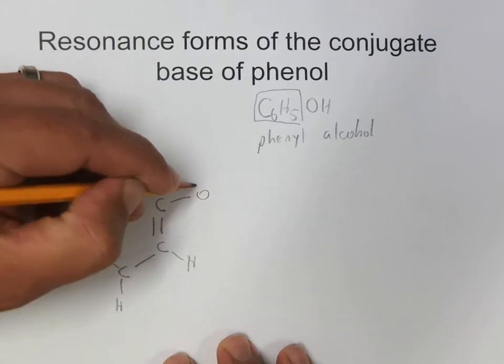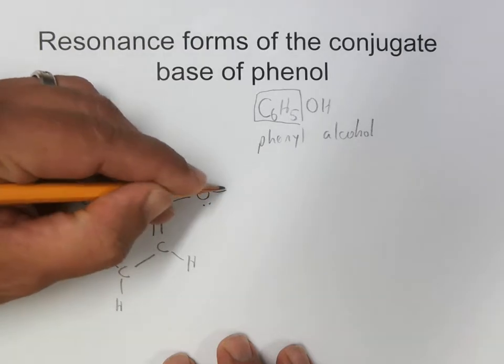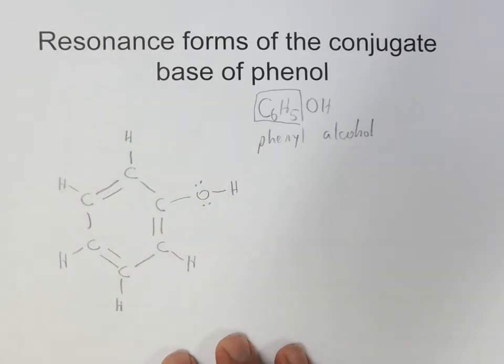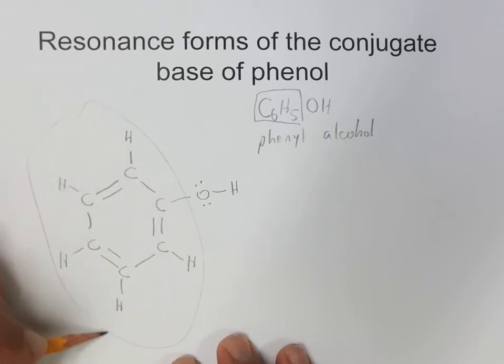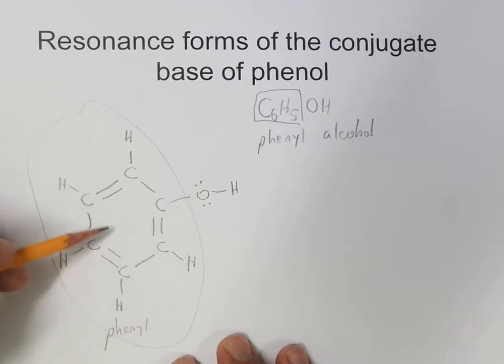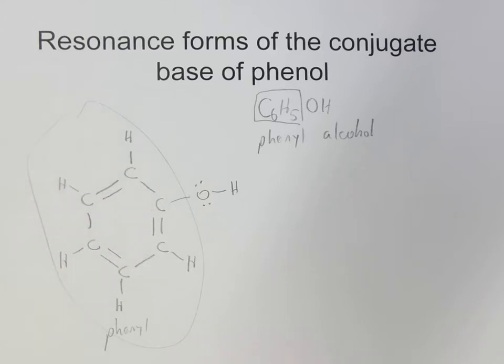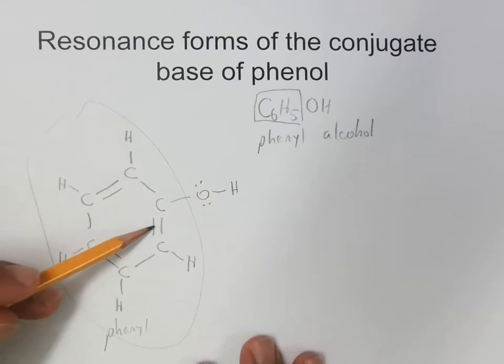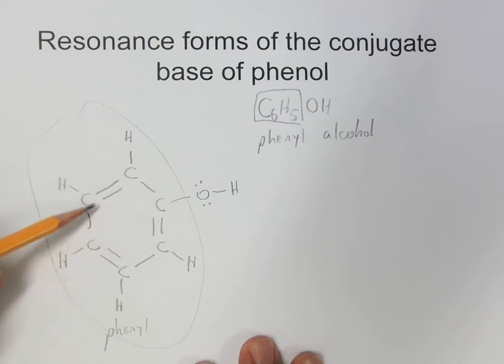In this case, one of the substituents on this six-membered ring is an OH group. So this would be phenol, or phenyl alcohol. The phenyl group is this part. Because these carbons are double bonded to each other in alternating fashion, there's possibilities for resonance. So these pi electrons can move through the ring, and we'll illustrate that as we write out some of these resonance forms.